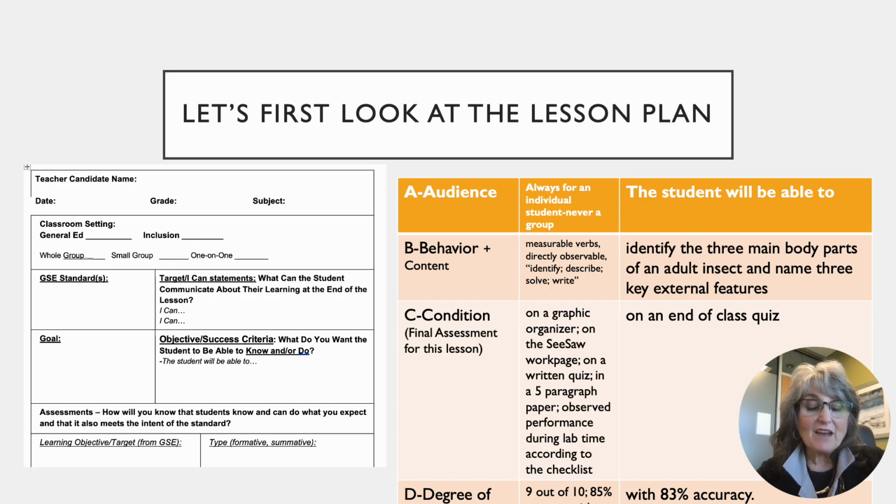All right, so the next stop is assessments. It says, how will you know that students know and can do what you expect, and that it also meets the intent of the standard? All right, so you have 2 places to answer this question. You have number 1, the learning objective target from the Georgia Standard of Excellence.